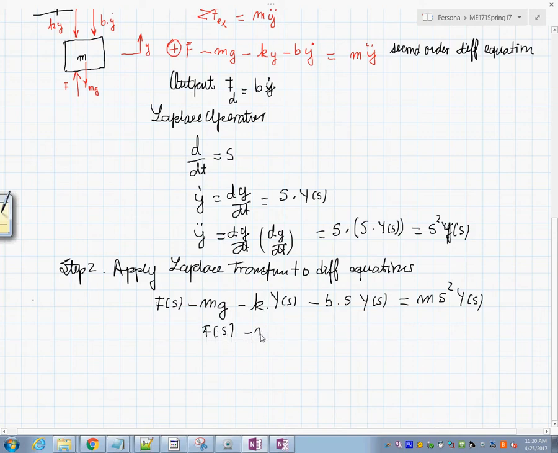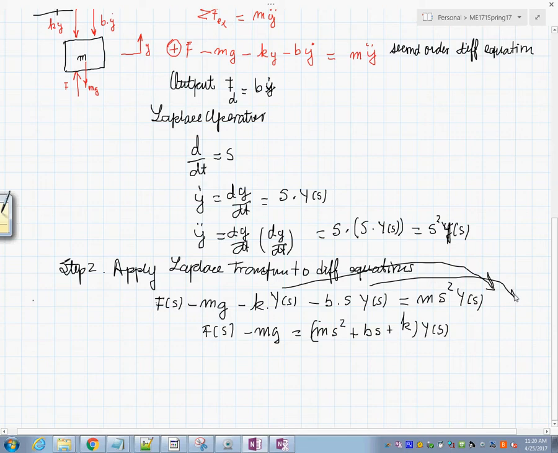F of s minus mg is equal to ms squared plus bs plus k times Y of s, isn't it true? I just move these terms to the right hand side, like this one over here, and also the other one, this one. If we do that, we obtain what I just did. Okay?